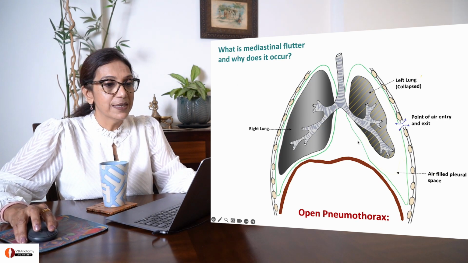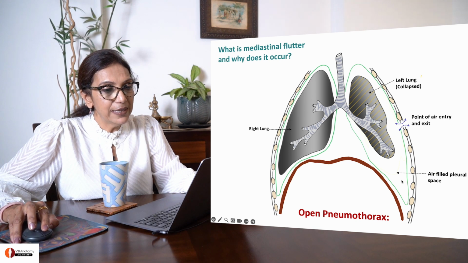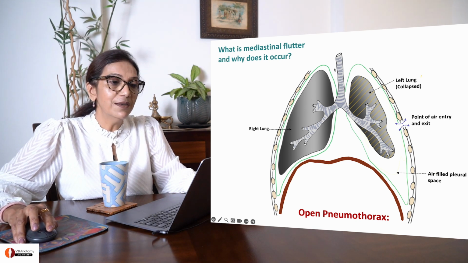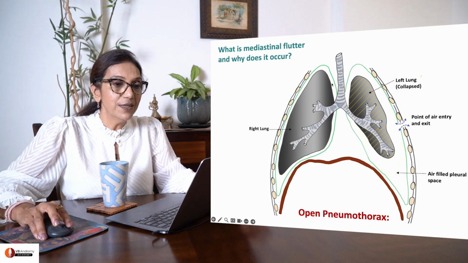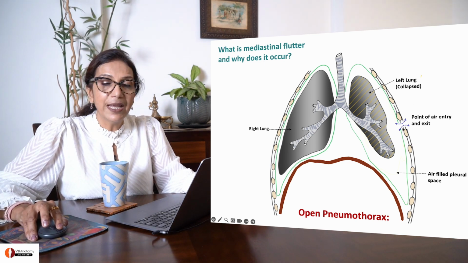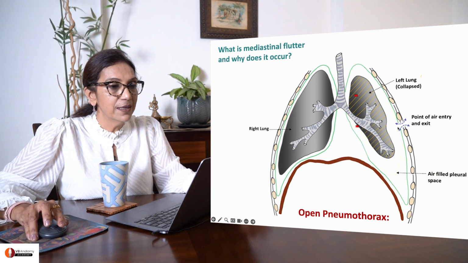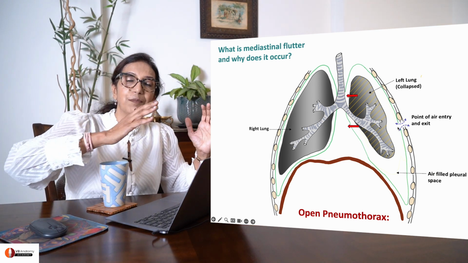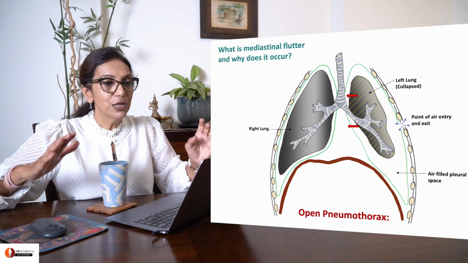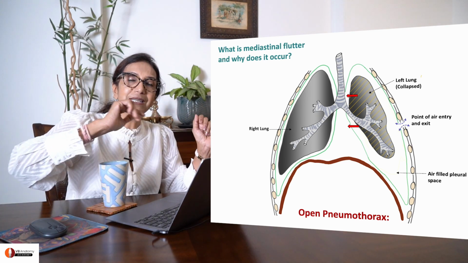When air enters inside, the question is, what is mediastinal flutter and why does it occur? Just imagine that there is a hole in the pleural cavity here. Air is entering in. Every time air enters in, it pushes, because air by itself occupies space in your thorax. So the lung gets pushed to the opposite side.